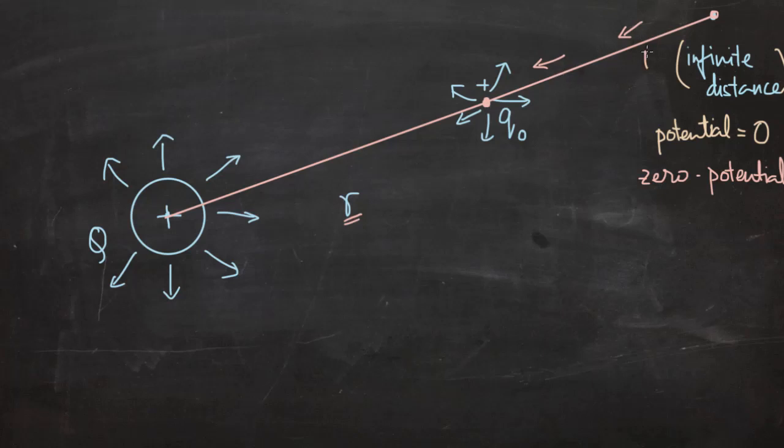So you have some amount of force here repelling you in this direction, and as you come closer, this force keeps on increasing. The increase in force is shown by the length of the arrows. So you can understand at this point that since you are working against this force, the amount of work done by you in bringing this test charge Q to this point is basically the potential at this point.